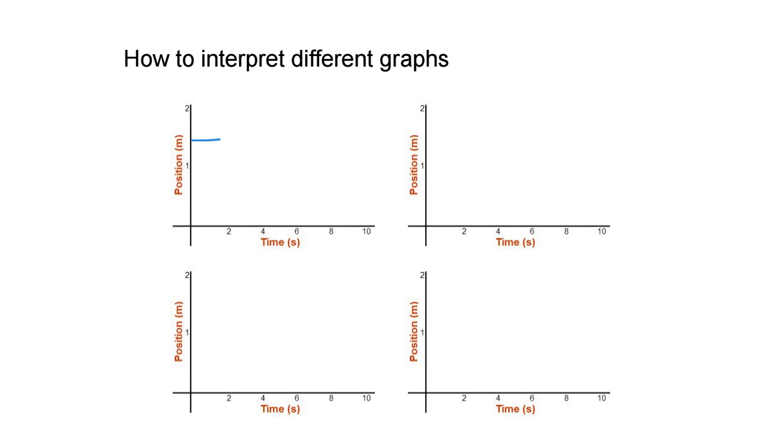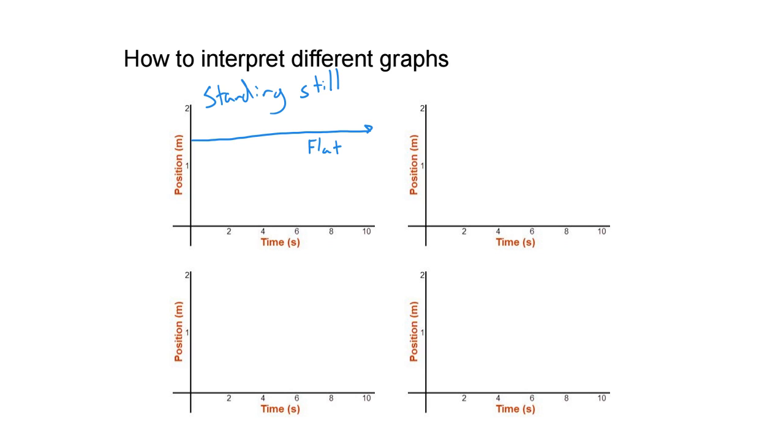So if we ever see just a horizontal line, let's say it's flat and horizontal. This is an object that is just standing still. So it's not moving at all. So maybe I've got a tennis ball.